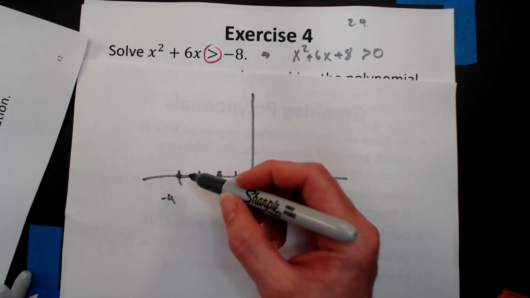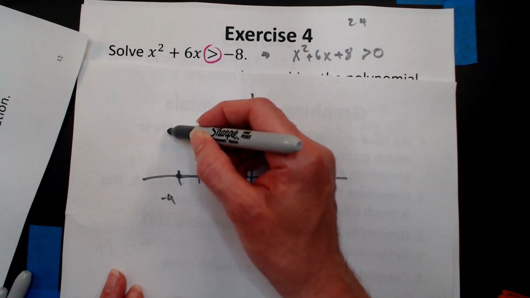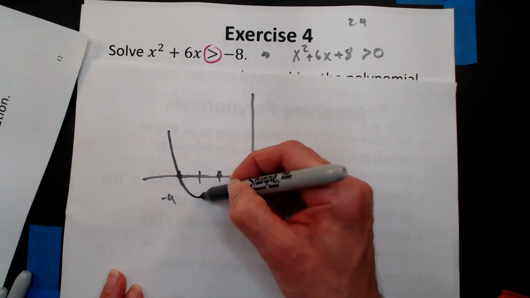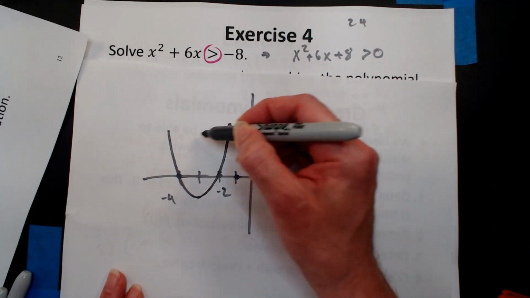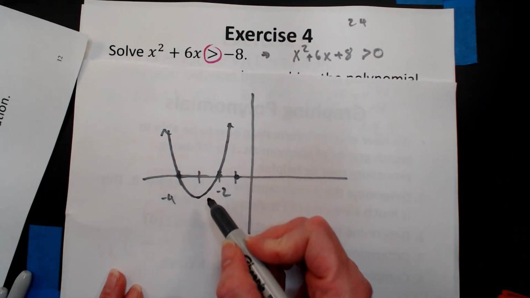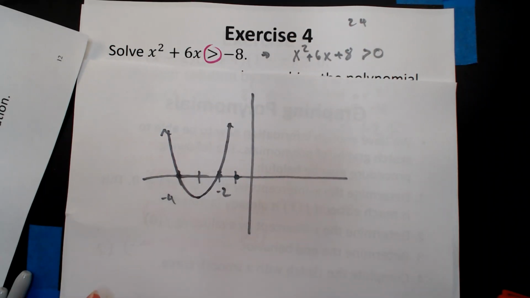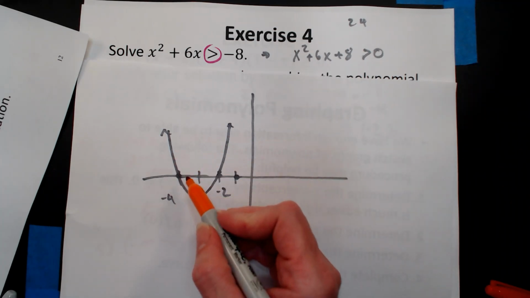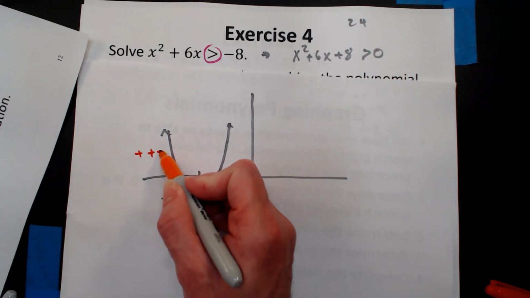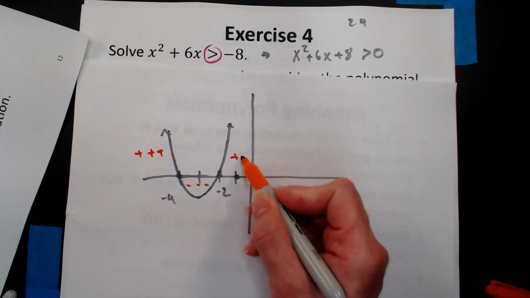And so once we have that, we're going to open up here, and so that's going to give us we're going to be positive right here, negative right here, and positive right here.